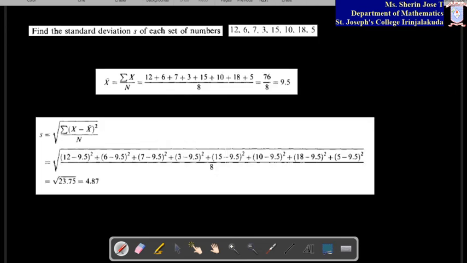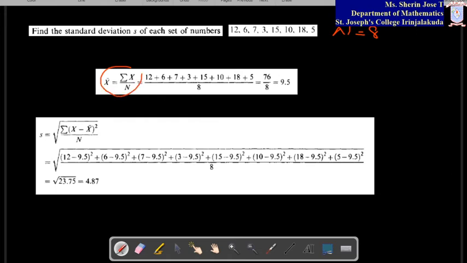Okay, so I have given two problems here. First one, find the standard deviation s of each set of numbers. Here, how many numbers are given? 1, 2, 3, 4, 5, 6, 7, 8. So here capital N is equal to 8. First you have to find the mean.